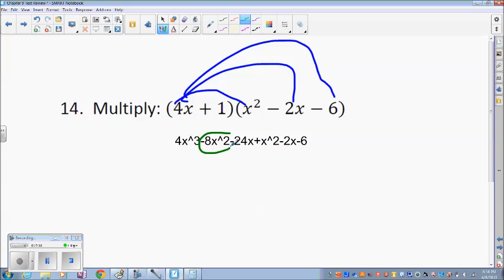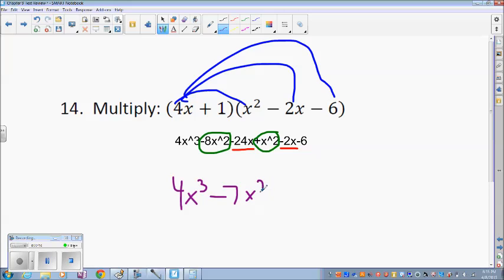So now we got to combine all of our like terms, but it's kind of hard to tell. So let's circle what can go together. There's our negative 8x squared and our regular x squared. And then we have our negative 24x and our negative 2x. So our 4x to the third doesn't combine with anything.